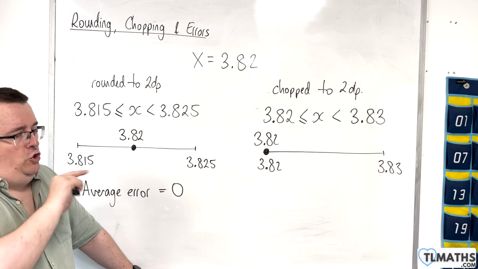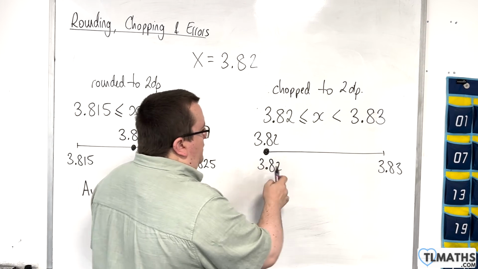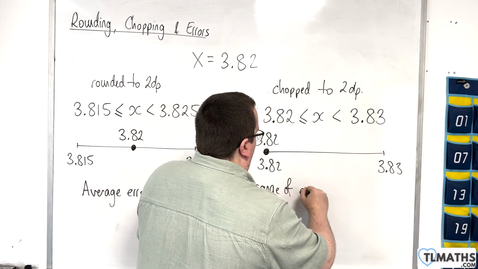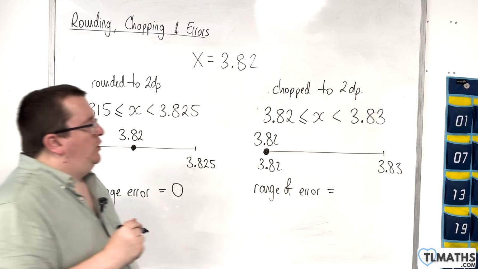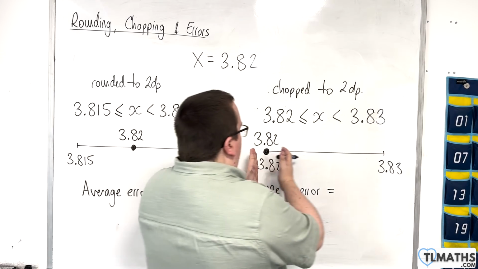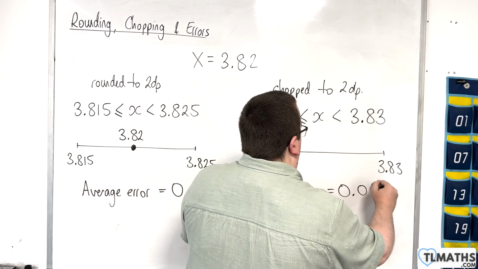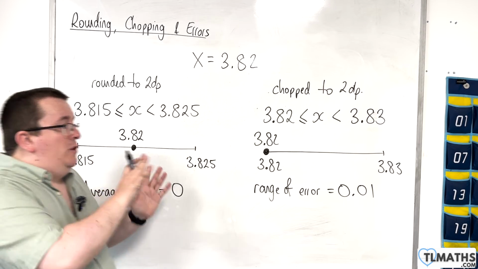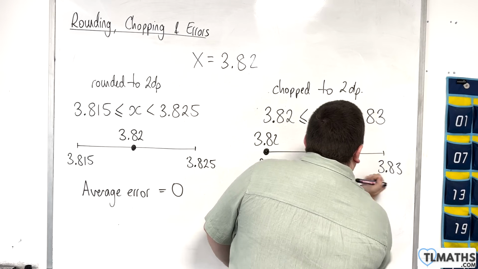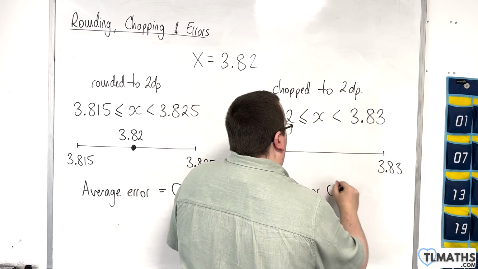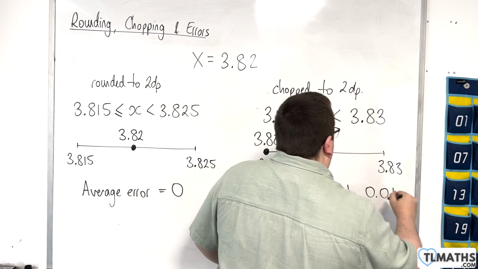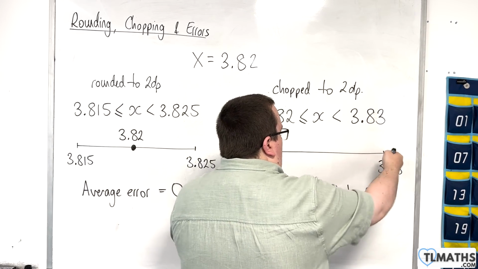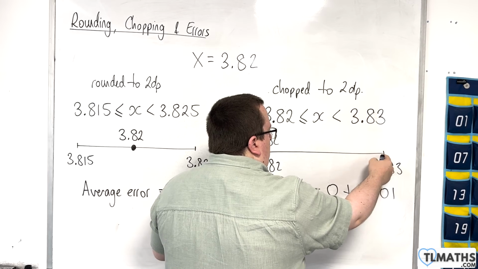So the range of error in this case is equal to that distance, 0.01. Or, let's write it as 0 to 0.01. The range of error goes from 0 all the way up to an error of 0.01 if the exact value was up here.